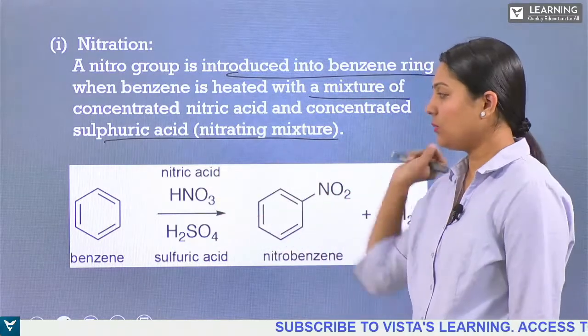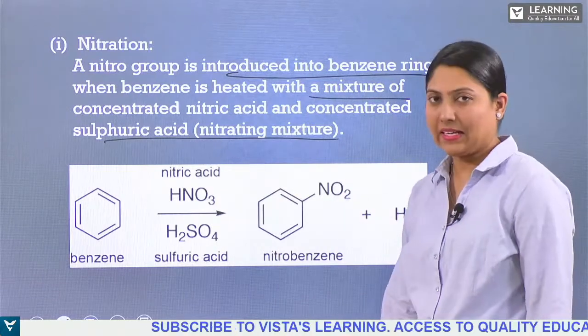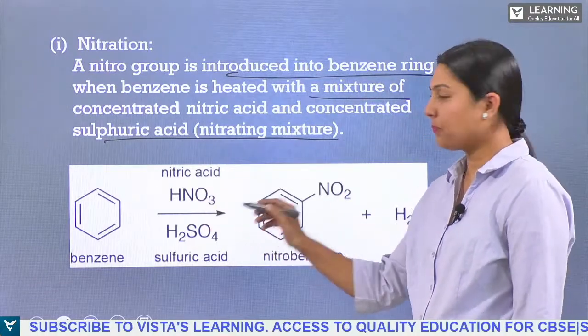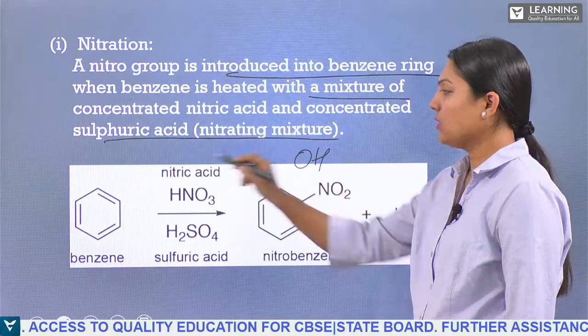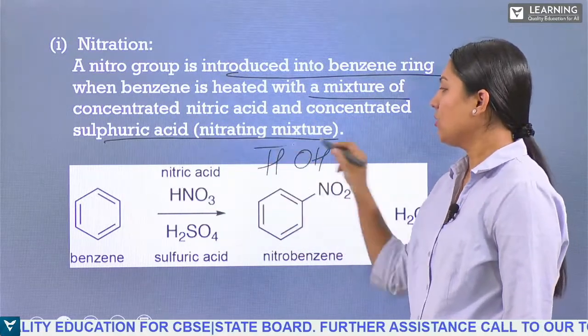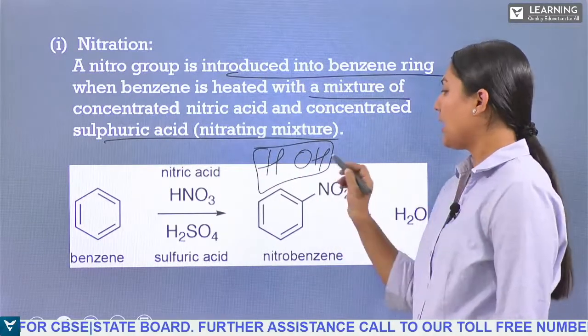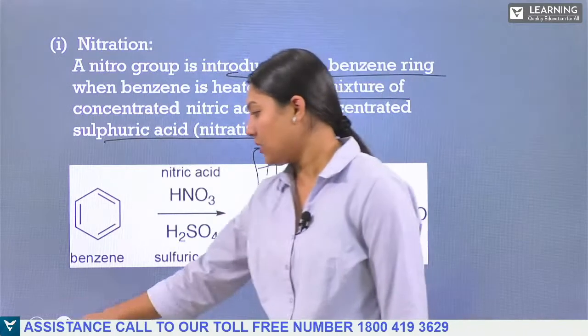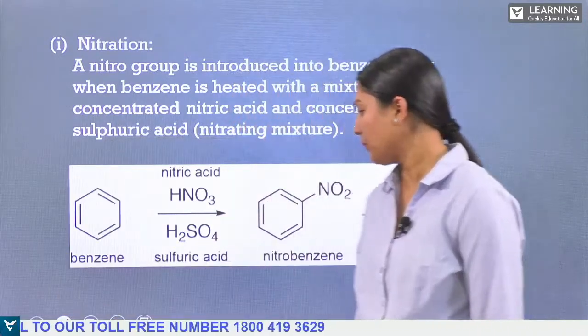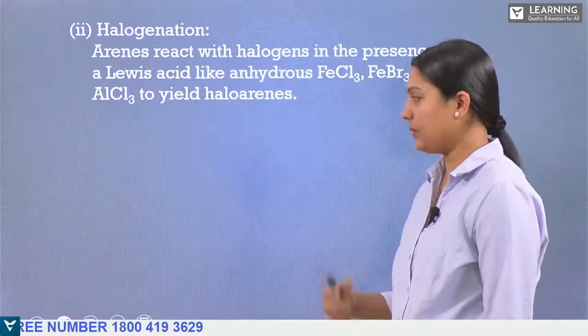That means hydrogen will be removed and NO2 will be added. As we know, HNO3, NO2 will come here, so OH will remain. One hydrogen will go with that, forming a water molecule, and the place of hydrogen will be taken by the nitro group. So we get nitrobenzene here.